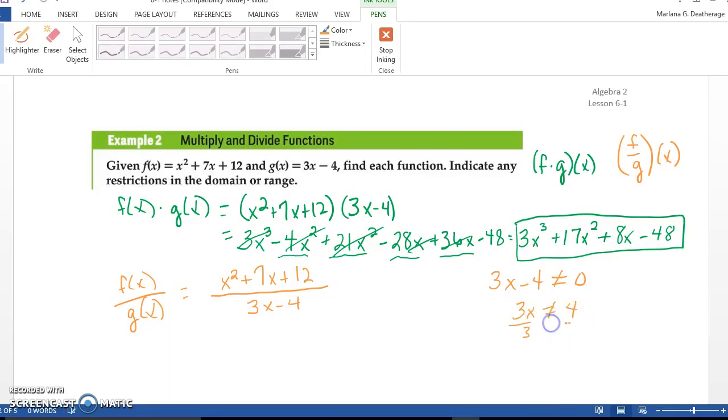Then divide both sides by 3. So x cannot equal 4/3. That goes with the answer. You have to specify the restriction in the domain. So x can be anything except 4/3.